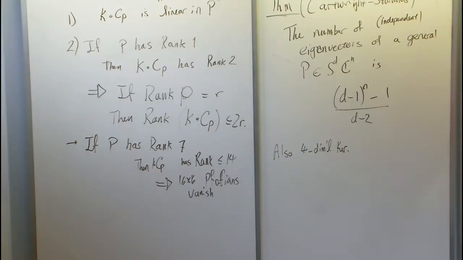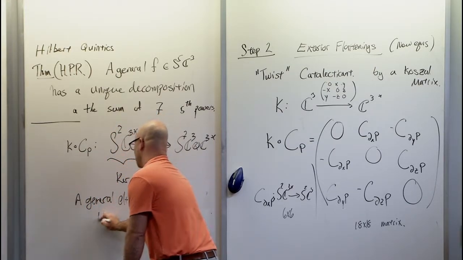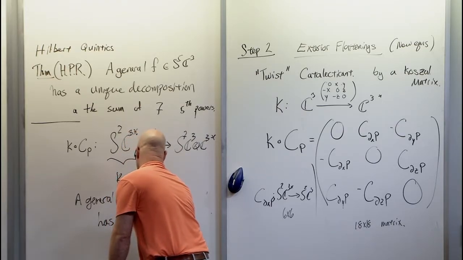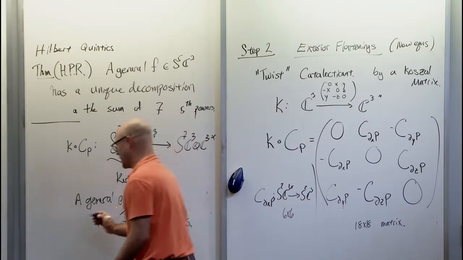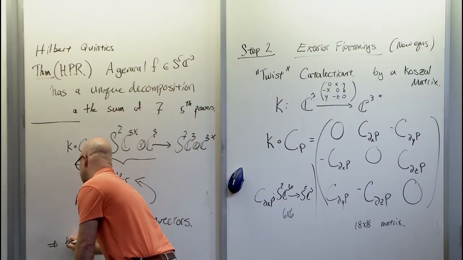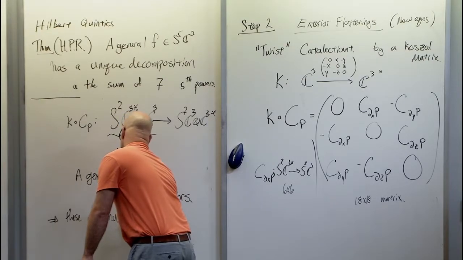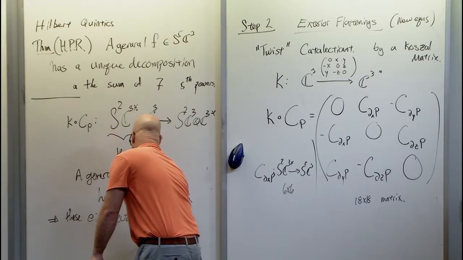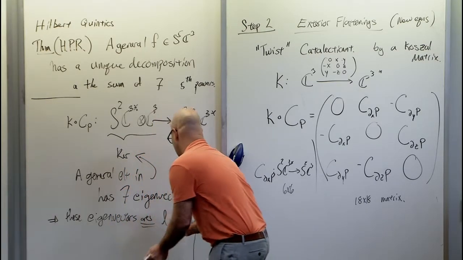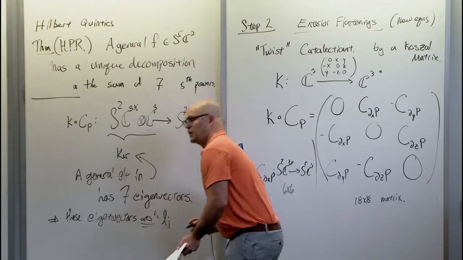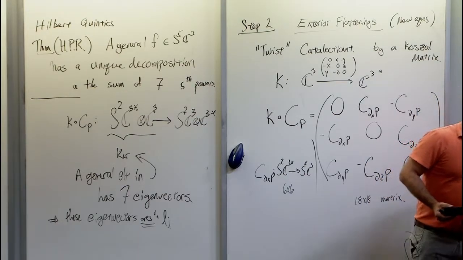A general element in this kernel has 7 eigenvectors, and the key observation is that these eigenvectors are the linear forms, the L_i, in the decomposition. This is what we proved in our paper.